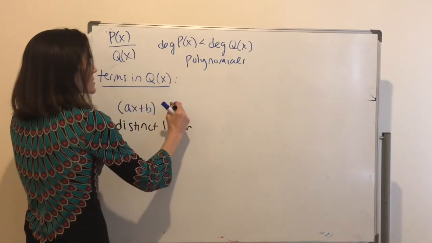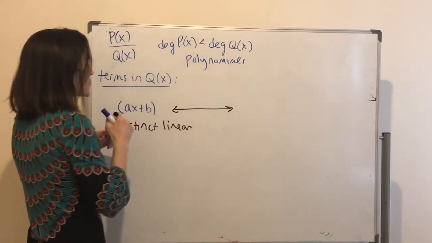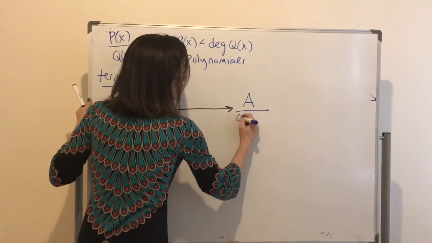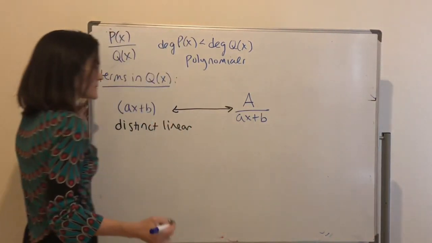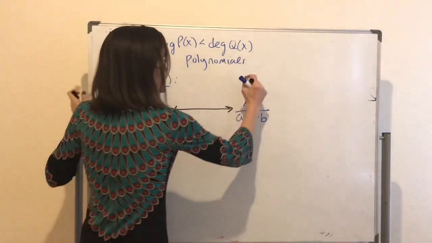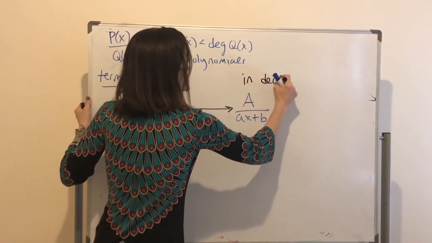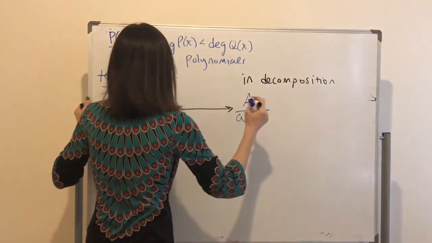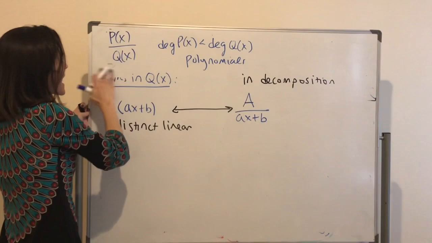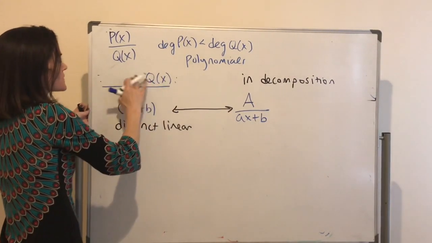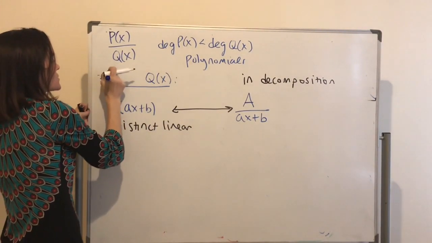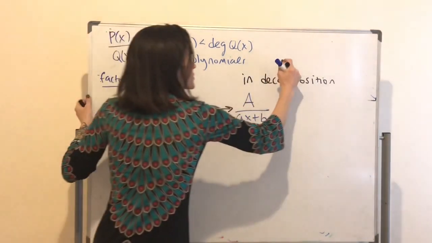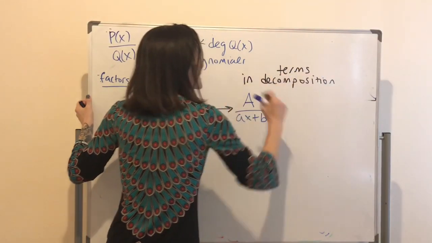When you do your partial fractions decomposition, you will have a term of the form capital A over ax plus b, like this. So this side, I would say, is the factors in q of x, and these are the terms in the decomposition.